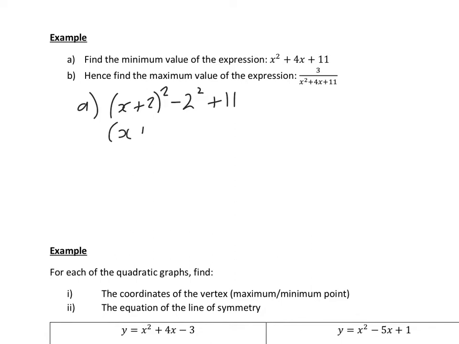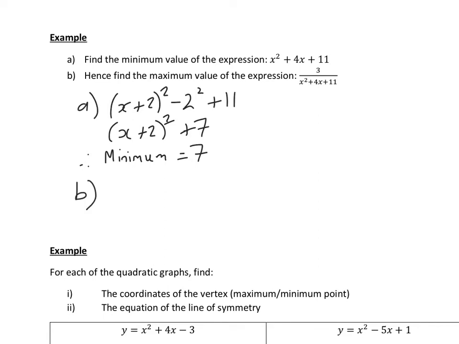So x plus 2 squared minus 4 plus 11 gives me plus 7. So therefore, minimum equals 7, because x plus 2 squared is always bigger than or equal to 0, so the whole thing is always bigger than or equal to 7.